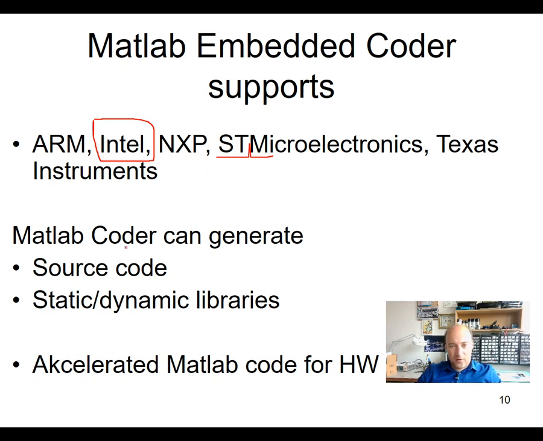Now the MATLAB coder or embedded coder can generate basically three possible outputs. The first output will be the source code. So if for some reason you need just the source code, then you can take this byproduct and you can see it and you can use it as a library in your devices.